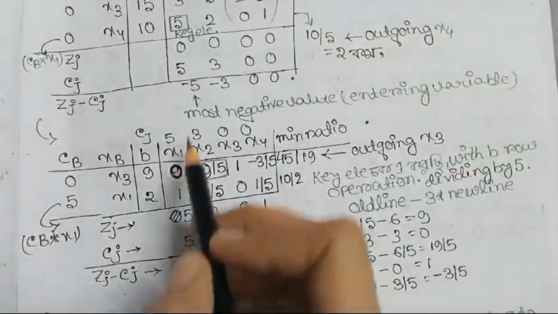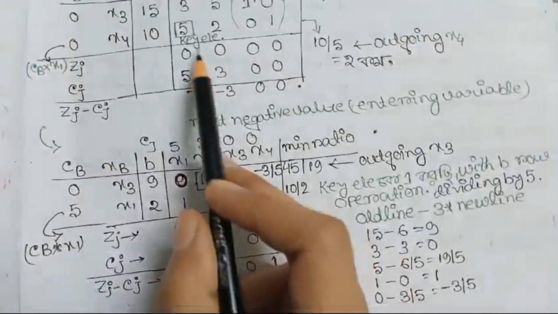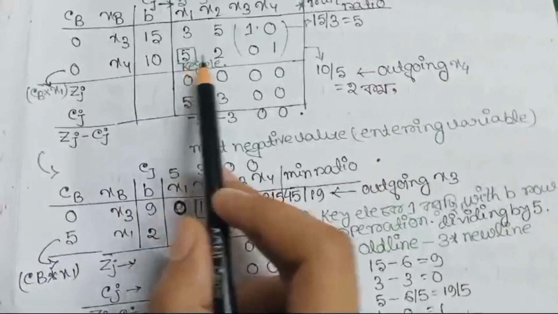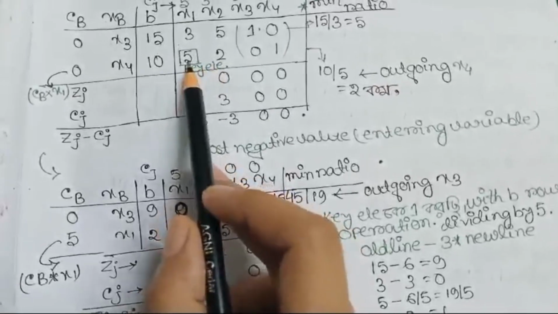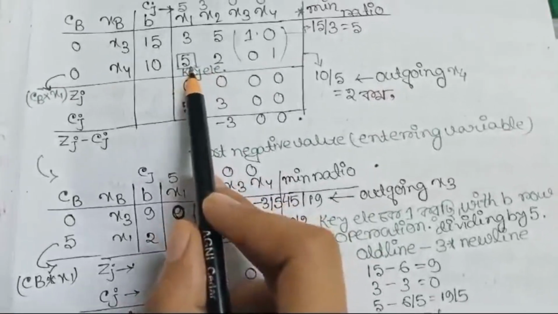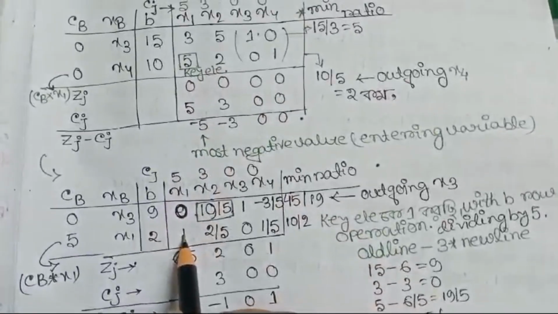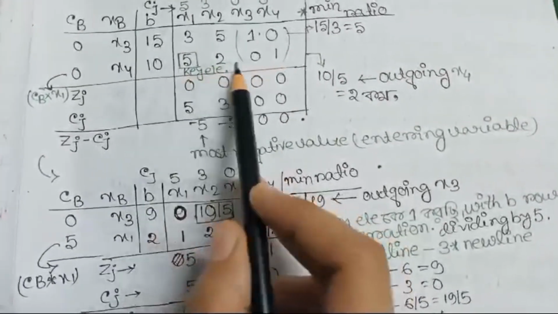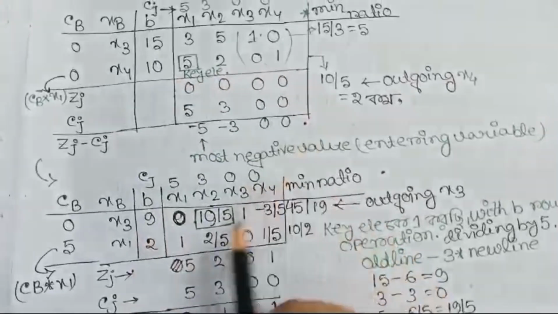Here, in order to make this element 1, we have to subtract 5 from this. So if we subtract 5 from this, we will be getting 1, and we have to do the same for these other elements of this row also.